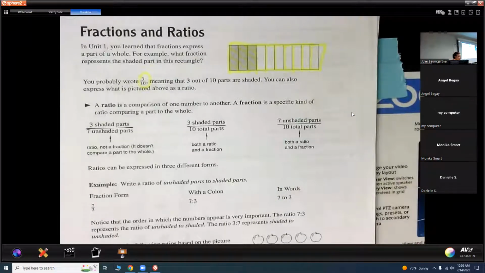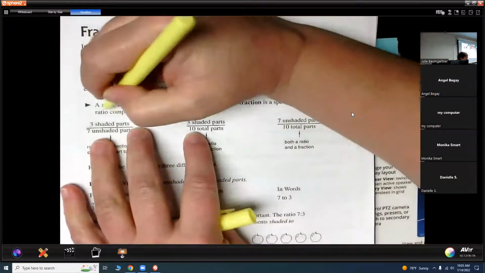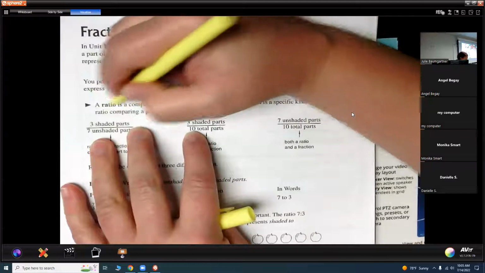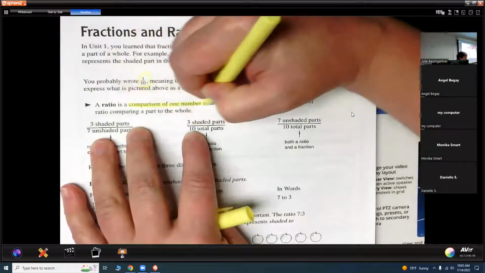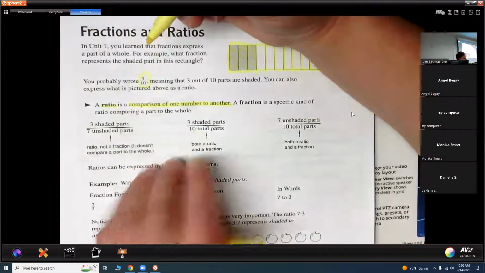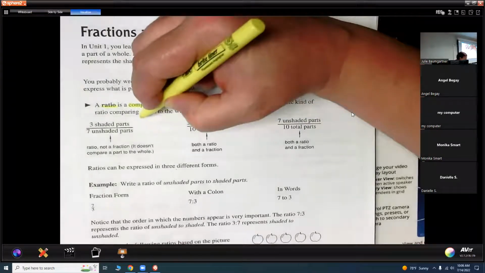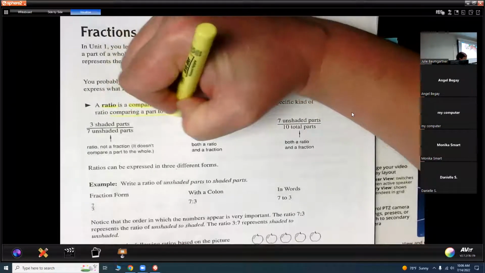So another way to think about a fraction is to think about it as a ratio. A ratio is a comparison of one number to another, okay? And so a fraction is a specific kind of ratio comparing a part to a whole.